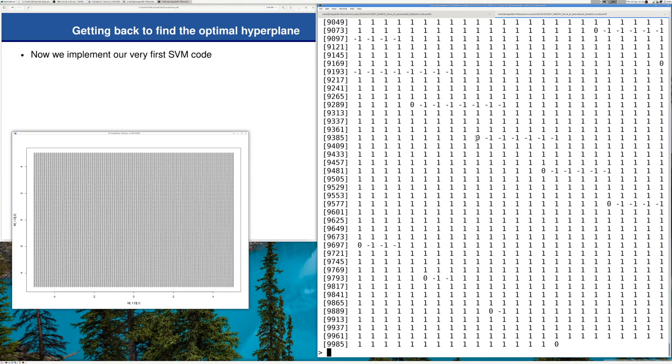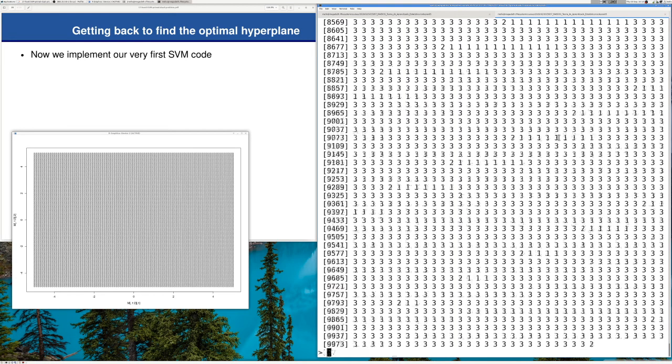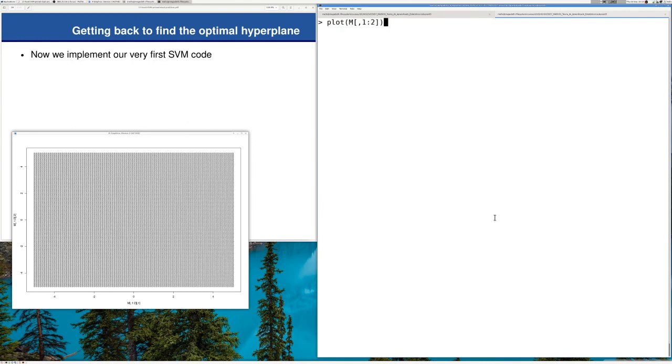So I need to make this at least equal to 1, so I need to sum up 2. If I sum up 2, I'll have at least 1 for the negative side, 2 when some point lies on the hyperplane, and 3 for positive. Let's plot like this.